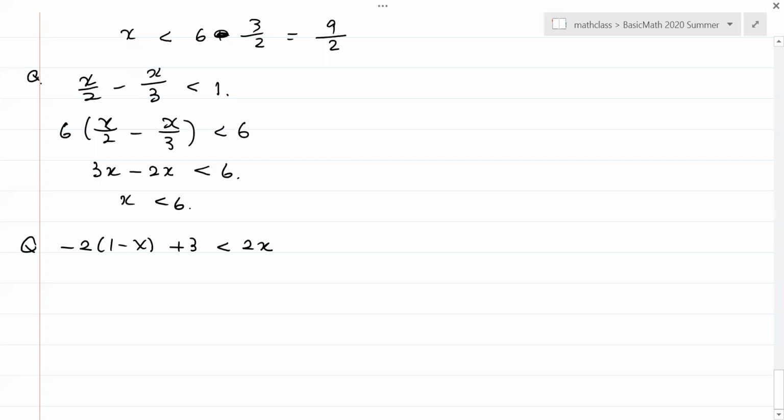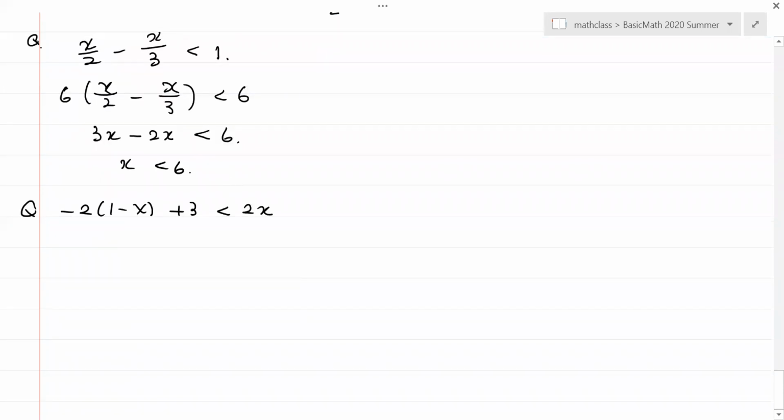Okay. So I see a couple of students saying no solutions. So first of all, you multiply this out, it's -2 plus 2x and plus 3, right? Less than 2x. If you do not make mistakes here, you're going to get the correct answer, okay? So you will get -2 plus 3, it's going to be 1, minus 2x less than 2x.